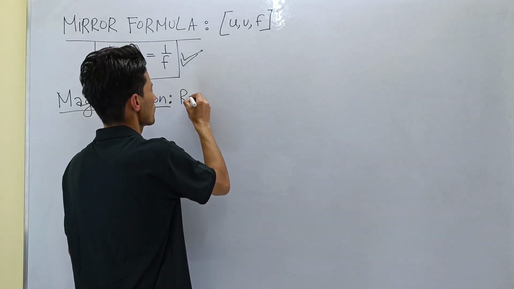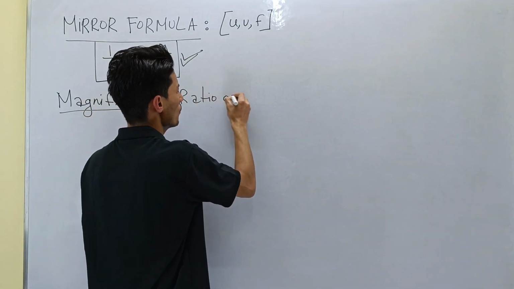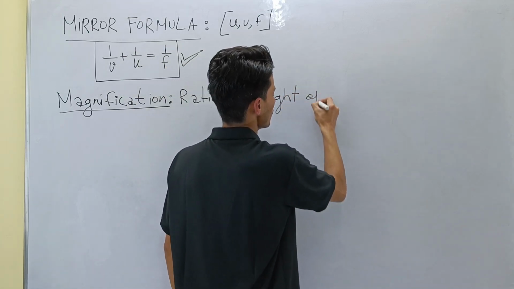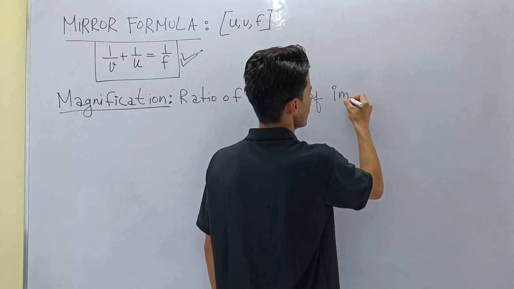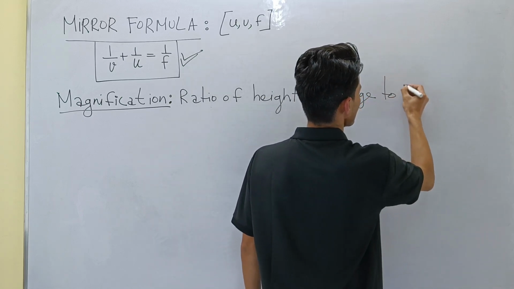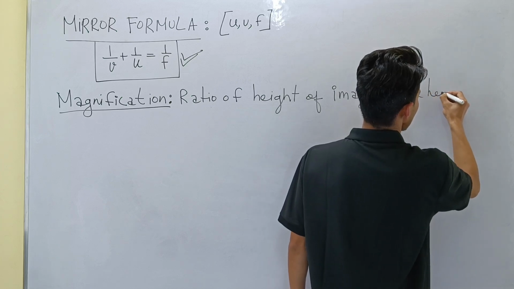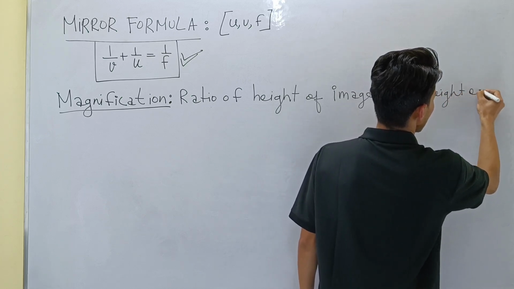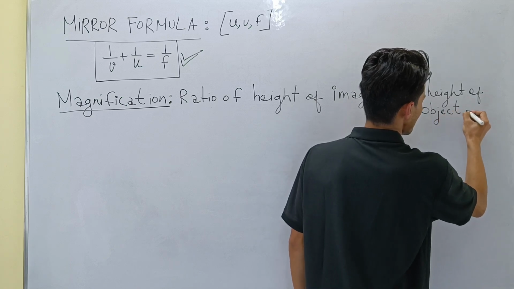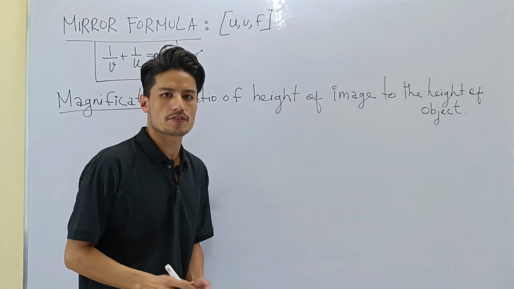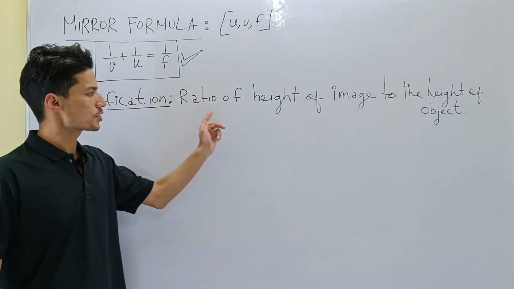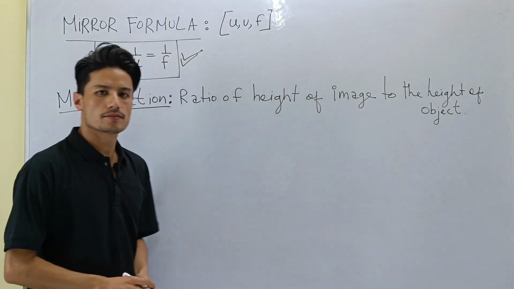Magnification is just the ratio of height of image to the height of object. This is magnification. If you have to write the definition, this will be the definition of magnification. Magnification is the ratio of the height of image to the height of the object.